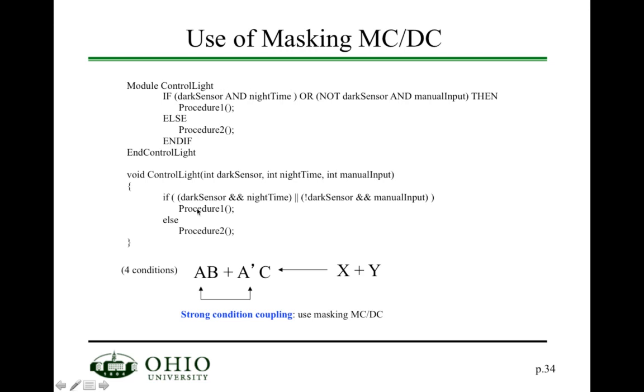If you look at the dark sensor discrete as A, not dark sensor as not A, nighttime as B, and manual input as C, then this really would look like the following Boolean expression: A and B, or not A and C. You see there's strong coupling going on because of this dark sensor discrete being on both sides.